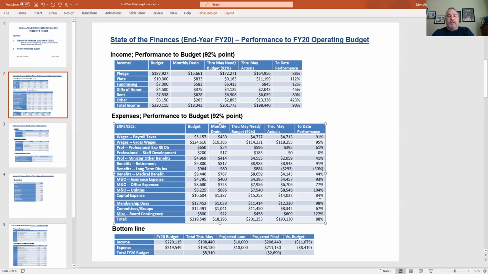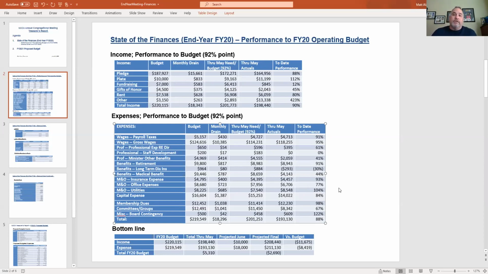We adjusted our loan to a lower amount around the March timeframe, so we've received some benefit this year, and we'll also see that benefit going forward. Committee budgets are down as well. A large part of that's due to COVID. The church is not functioning. So the bottom line is we're at 88% on expenses.